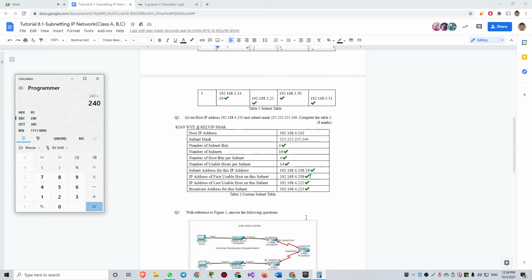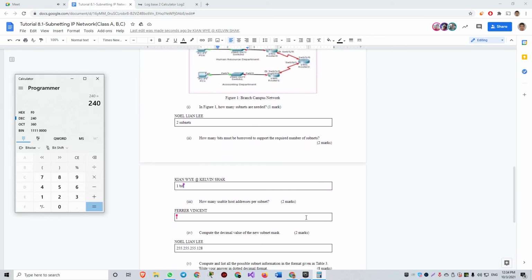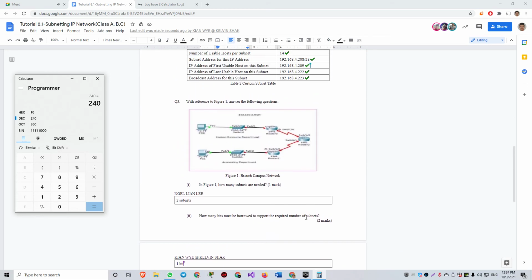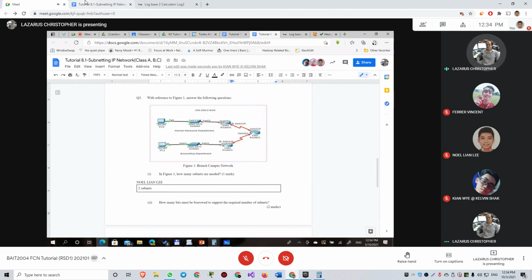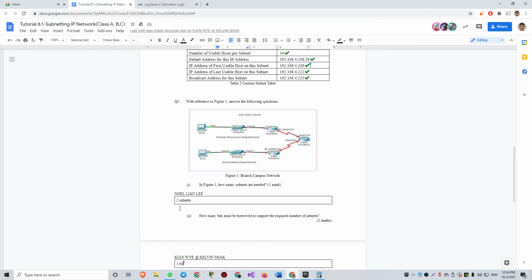Okay, so Noel, looking at the question 3 topology, there are 2 interfaces on the router. How many subnets are needed? Noel, you see one network here, one network here. Don't forget the point-to-point between the routers is also a network.